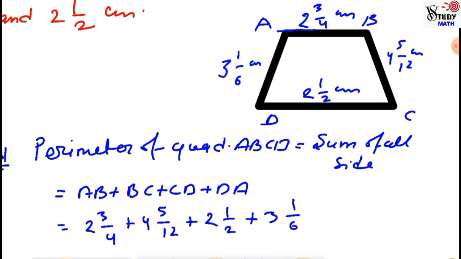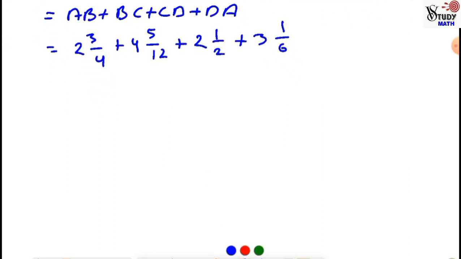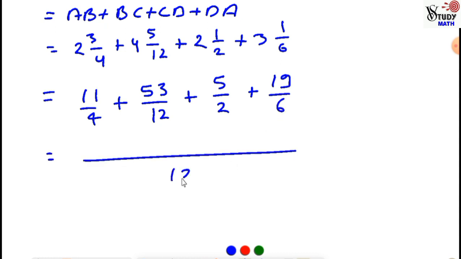Let's now convert the mixed fractions into improper fractions. So we have 11 by 4, 53 by 12, 5 by 2, 19 by 6, and the LCM will be 12. So 4 3s are 12, so we have 33; 12 1s are 12, we have 53; 2 6s are 12, 5 6s are 30; 6 2s are 12, 19 2s are 38.